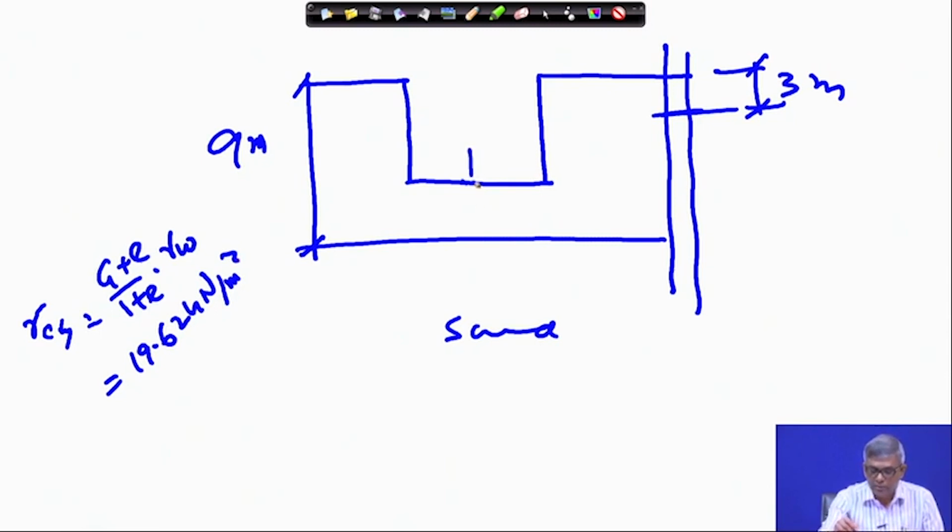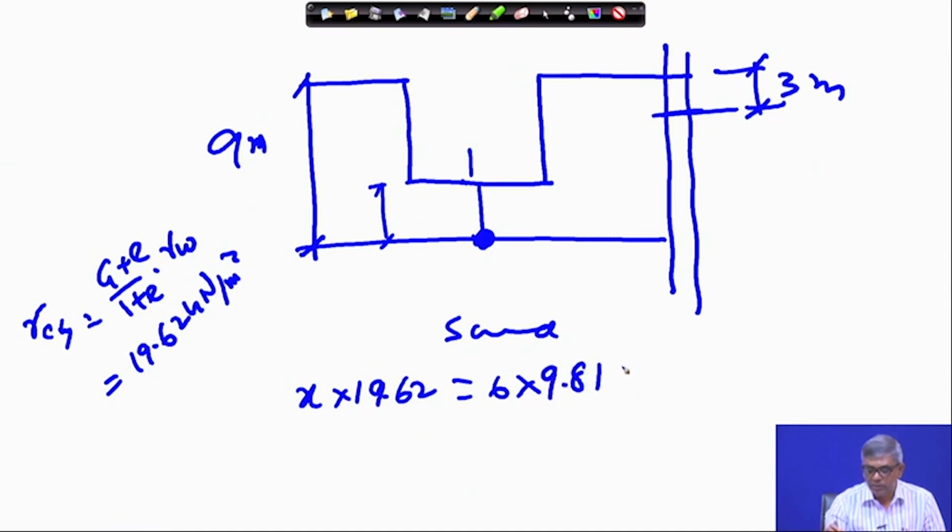And so, how much depth to be? So, this one I am taking as x. So, x into 19.62, this is the pressure from this side, and how much water height at this point. So, I am considering equilibrium at this point, that must be equal to 6 into 9.81. So, that gives you x equal to 3 meters.